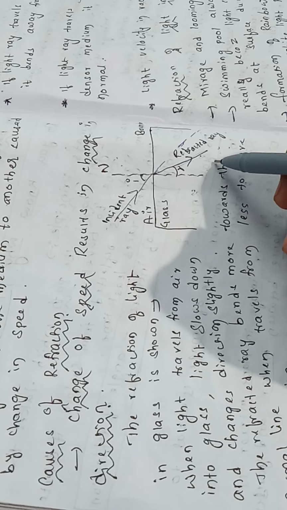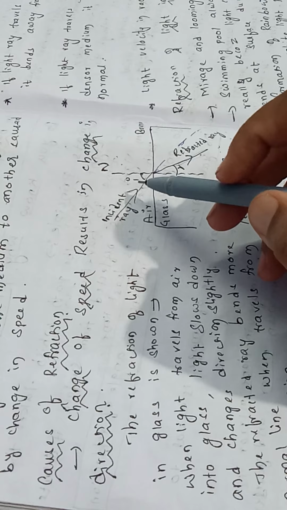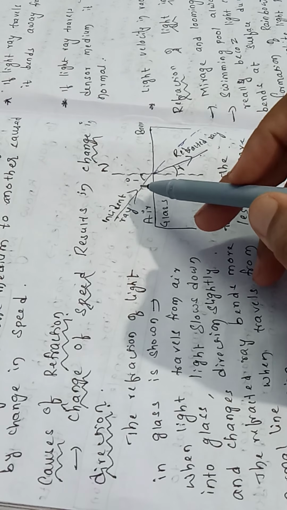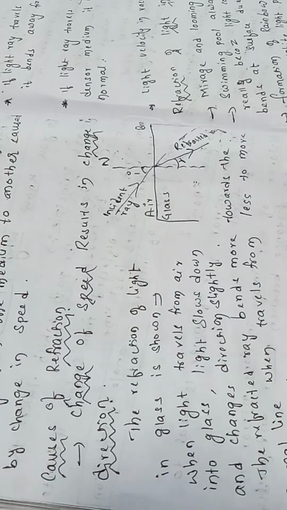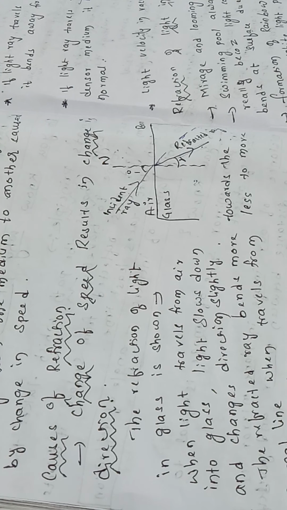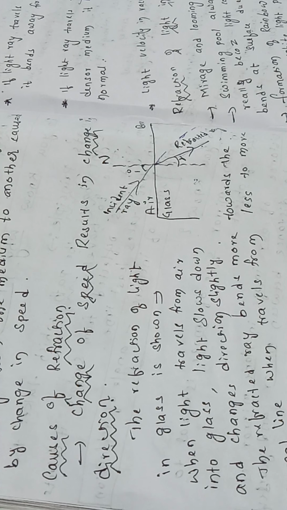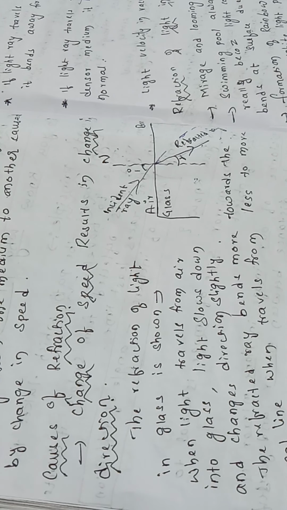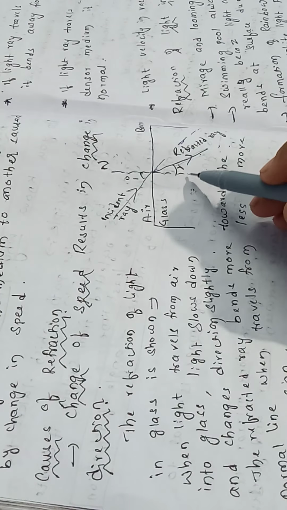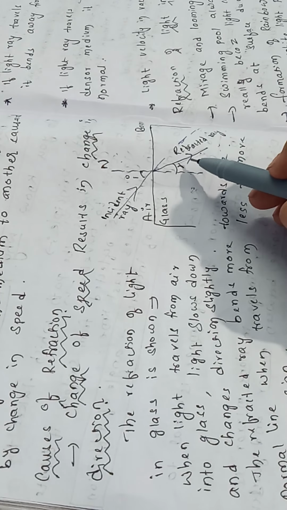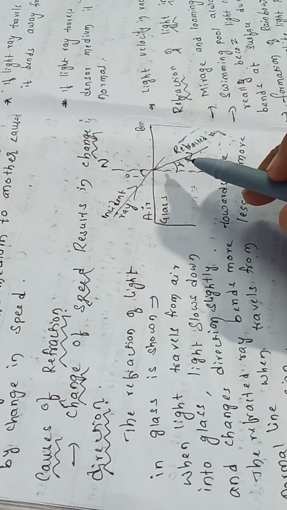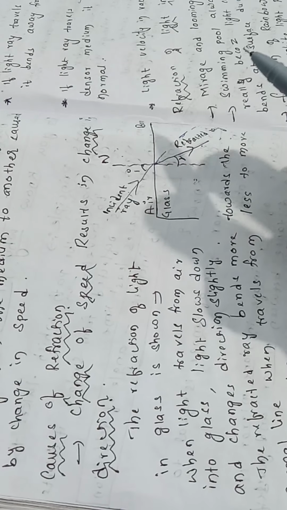That change of direction of light from one medium to another medium, due to a change in speed, we call refraction. Why is this direction changing? Only due to the change in the speed of the light. The angle between the normal drawn and the refracted ray we call the angle of refraction.